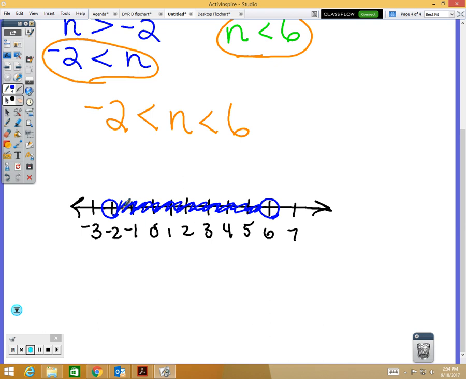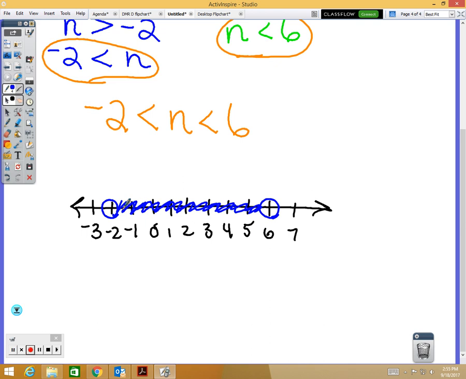And this would symbolize all real numbers that are greater than -2 and less than 6. Everything in between here is greater than -2 but less than 6. Okay?